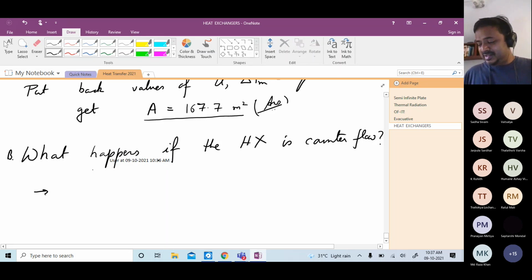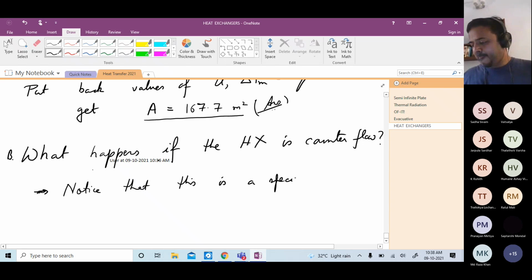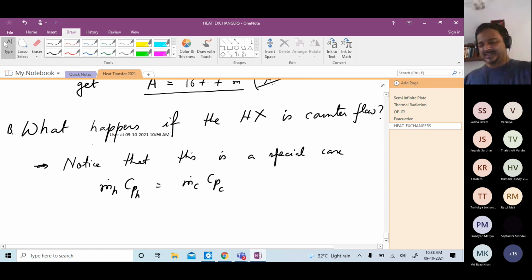Normally, by regular inertia of motion, we would say, oh, that's okay, I know what is delta Ti, what is delta Te, so therefore I can find out delta Tm. But please notice that this is a special case where m dot h Cph equals m dot c Cpc.